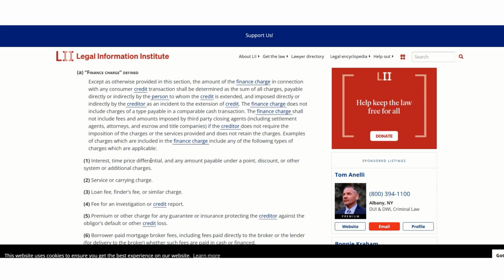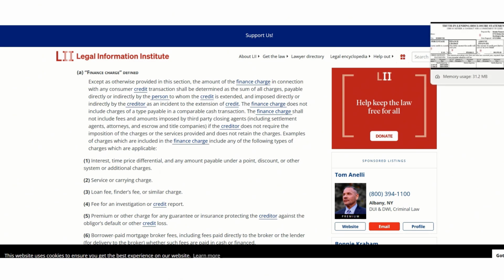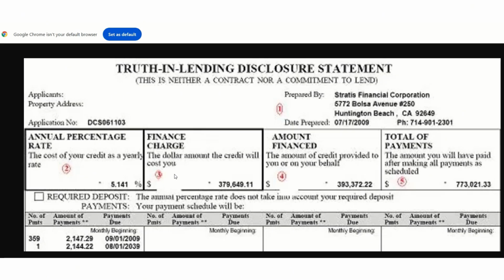time price differential, and any amount payable under a point, discount, or other system or additional charges. So we need to understand that the finance charge right here shows the interest. This is the interest right here.